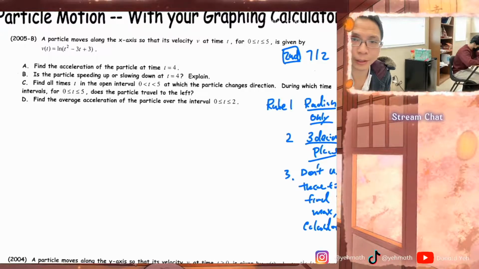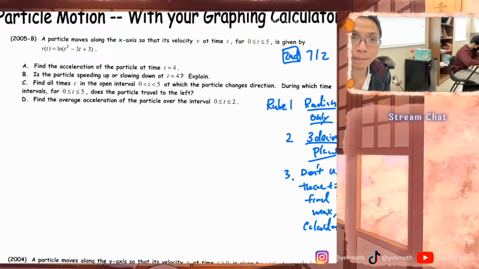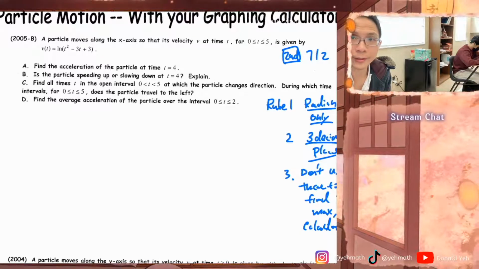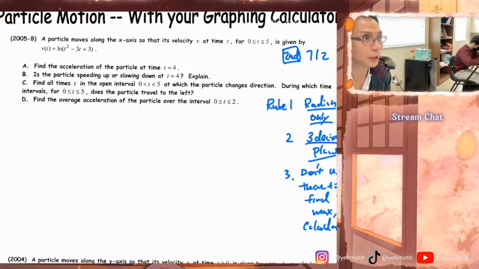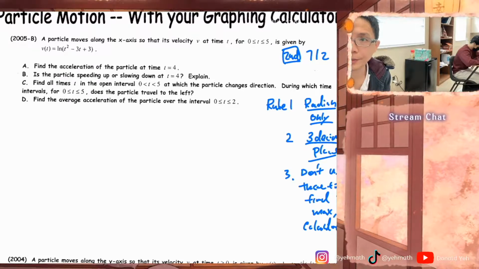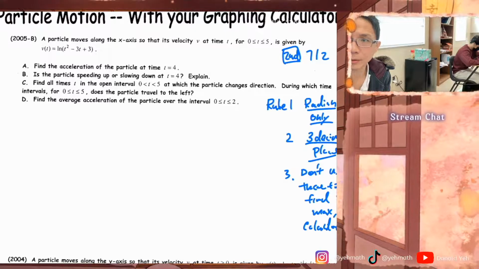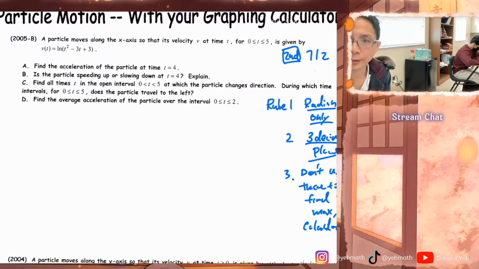Remember, I record this. If you have any questions, you can always go back and look at this. So y equal to, you click y equal to, you can graph this. I seem to have an extra parenthesis here, so I'm going to get rid of it.